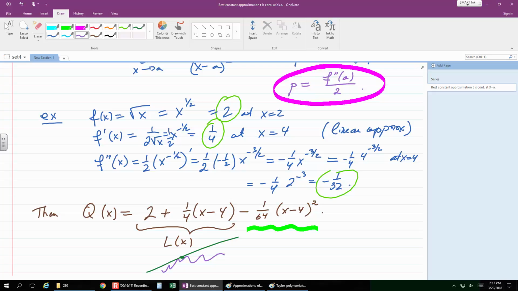But still, I want to ask you, when the second derivative is negative, what does it tell you about the function? Negative second derivative. What's the sign of the first derivative?